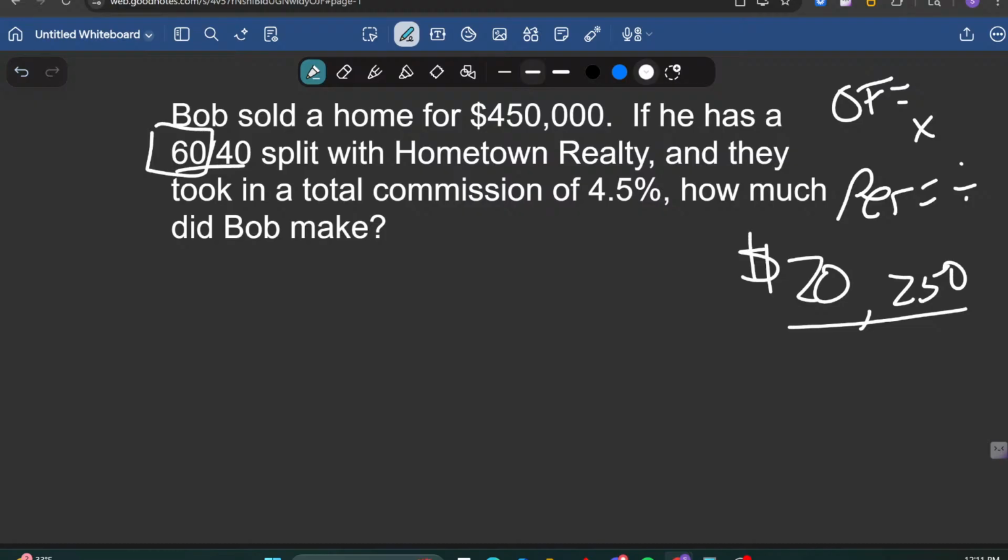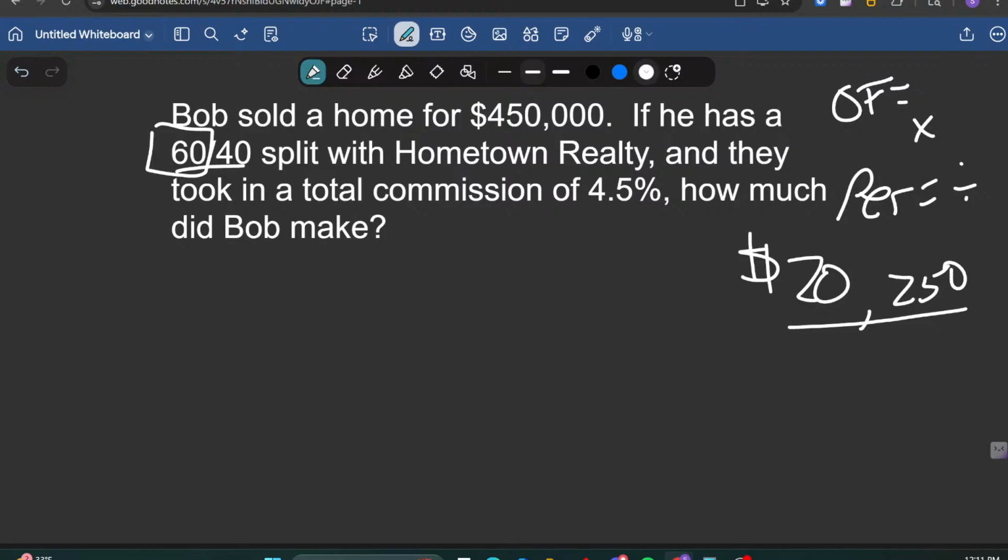So we want to find 60% of this number. So what I want to ask you is this. If we're trying to find 60% of 20,250, what would we do? What is the arithmetic that we would do in regards to this?